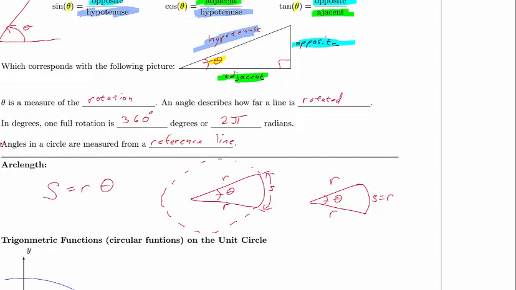So again, S equals R theta. The arc length is the same as the radius. Radius is still the radius times theta. The radiuses cancel each other by dividing the radius on both sides, and we're left with theta equaling 1. I prefer writing it like that, it's a little more proper if you're typing on a computer. It's going to read better if you put the variable on the left-hand side. But that's how 1 radian is defined.